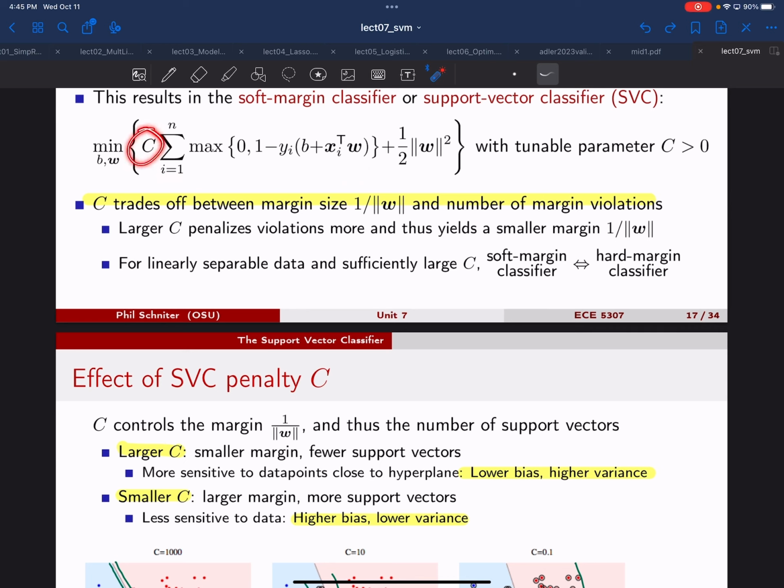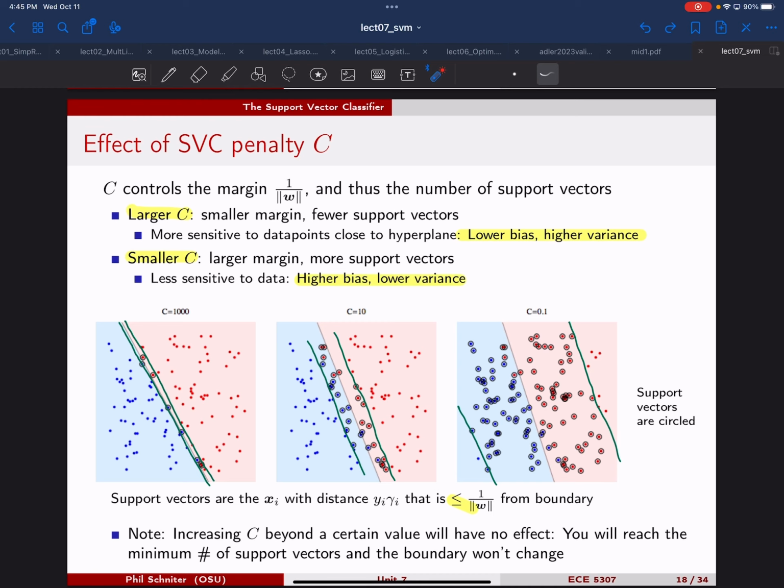And if this is really small, then this is not as important as this. So that's why it says, let's use a really wide street and accept all those violations. That's fine. That's what you asked for. Okay, good. Is this making a little more sense? Are there any other questions?